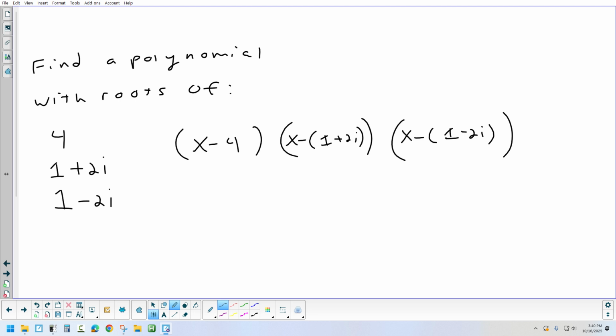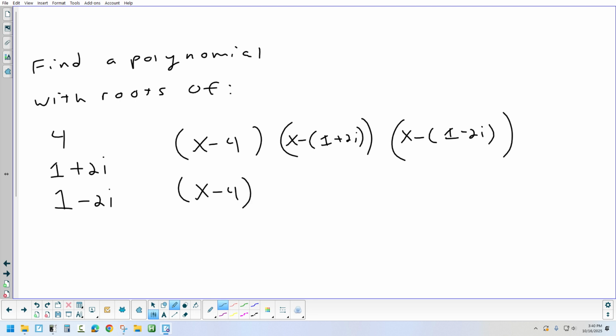Which 2 do we want to multiply together first? It technically doesn't matter, but there's definitely 2 that, if you do them first, will make this a lot easier. The imaginary ones. Right. Do the imaginary first because that's going to cancel all the i's out. You're not going to be left with any i's if you do this right. We'll come back to the x minus 4 at the end.